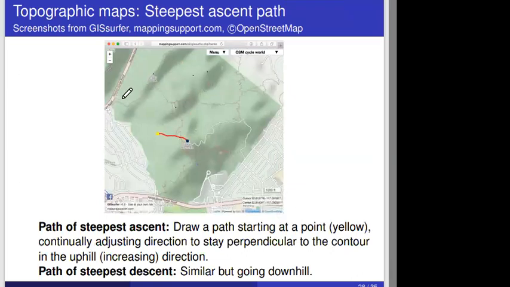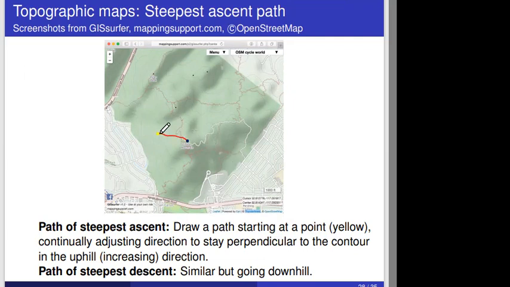So this is the summary. Here is the mountain, a real mountain, and here this red curve is the path, and this is the starting point.